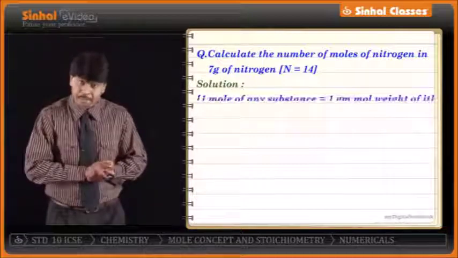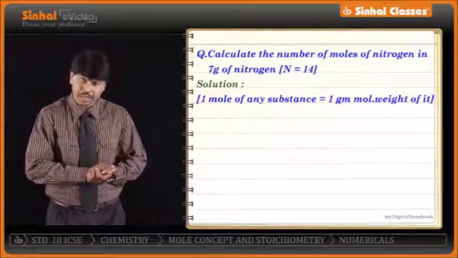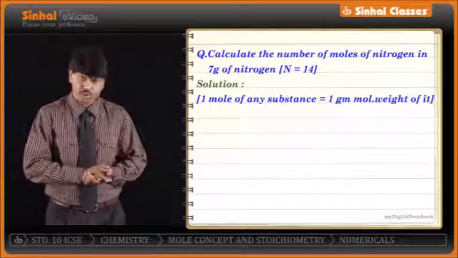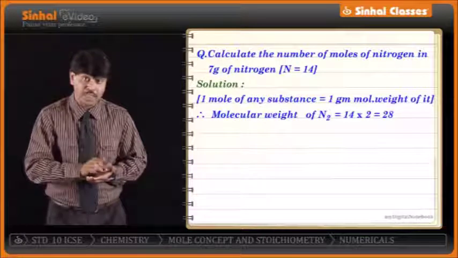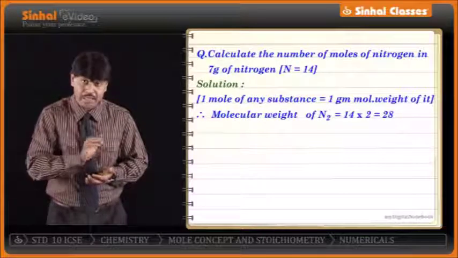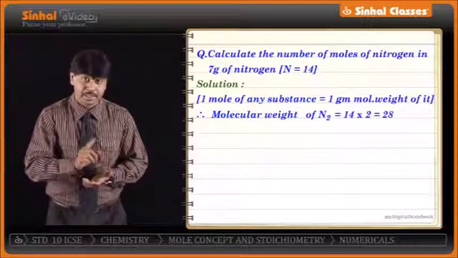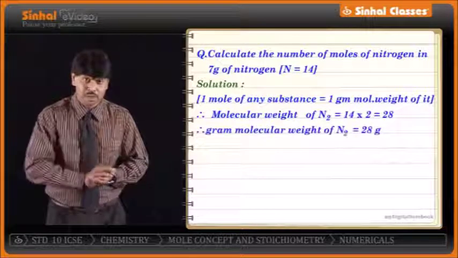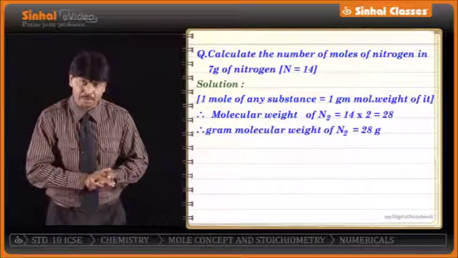1 mole of any substance is equal to 1 gram molecular weight of that substance. So the molecular weight of nitrogen will be, nitrogen formula is N2, so N plus N, 14 plus 14 is 28 grams. That means 1 mole will correspond to 28 grams.